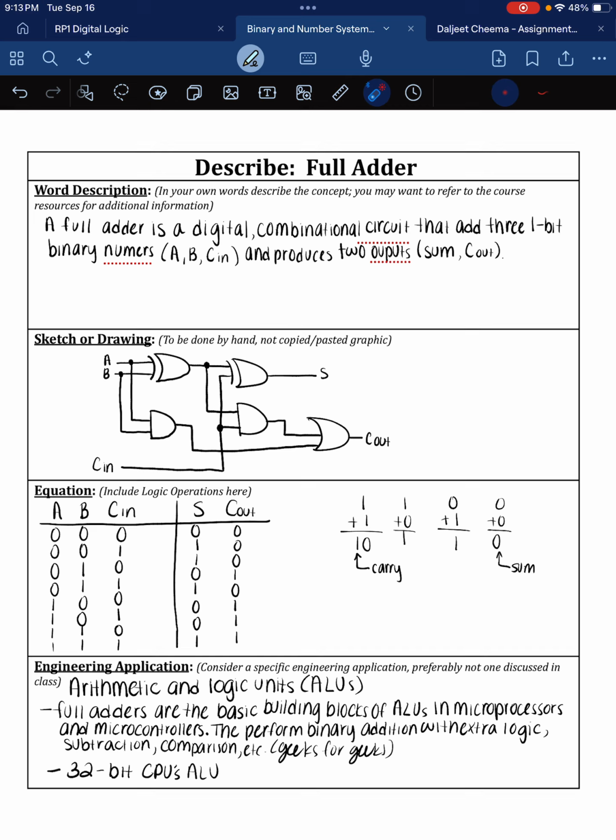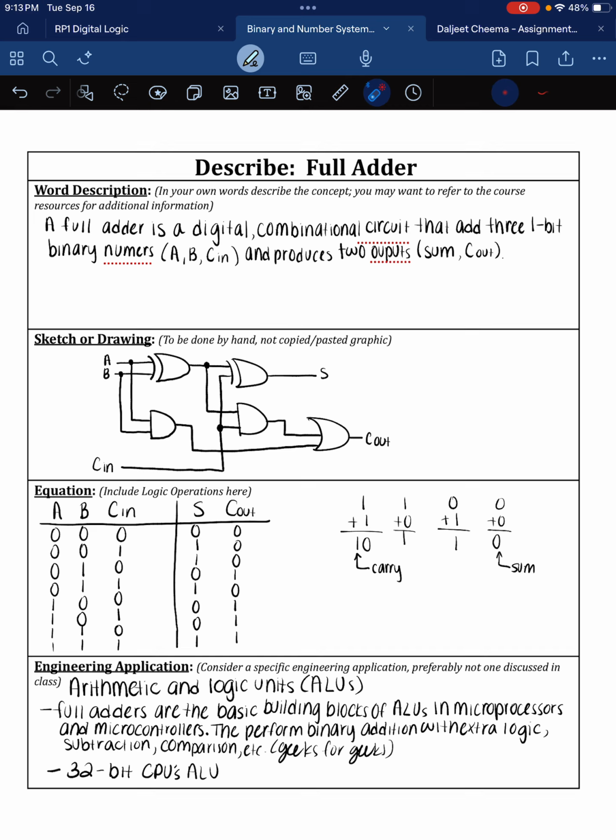What that simply means is that the carry in bits are carrying bits essentially from a previous adder. And you're getting a range from 0 to 3, but you're representing this in binary form.